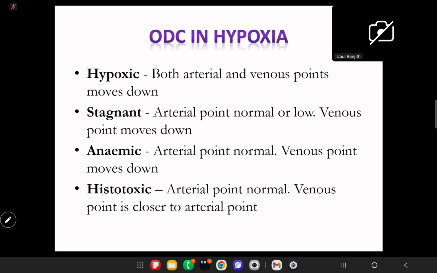Therefore, the venous point is closer to the arterial point, because the tissues are not extracting 250 ml of oxygen. So the arterial point and venous point are both at a closer point, right? Because the venous point moves towards the arterial point. That is what happens in histotoxic hypoxia.